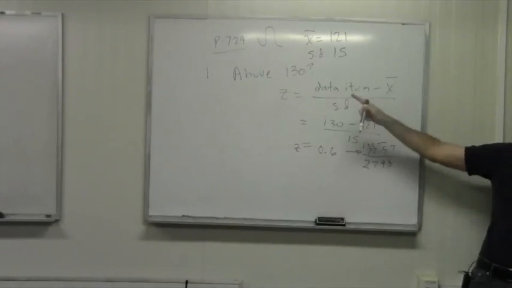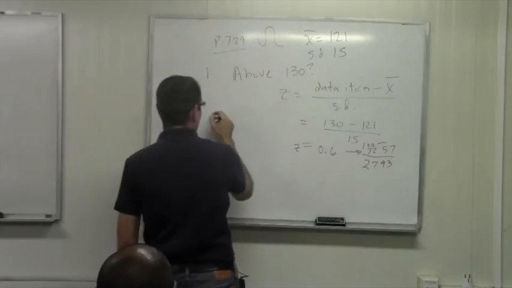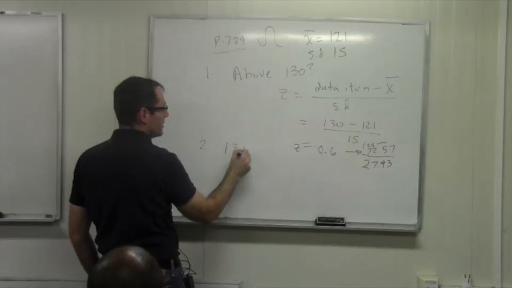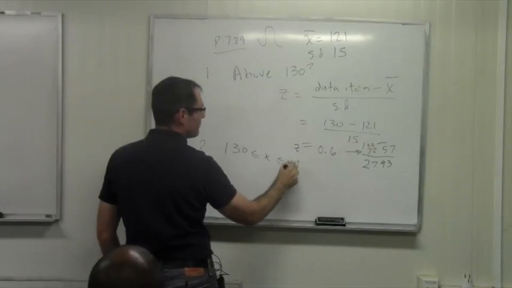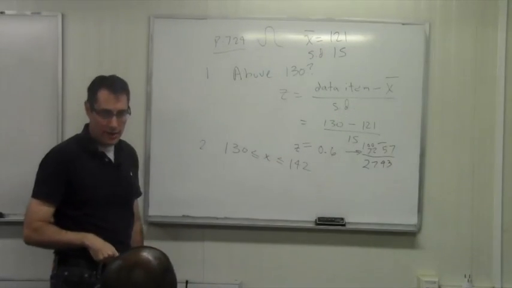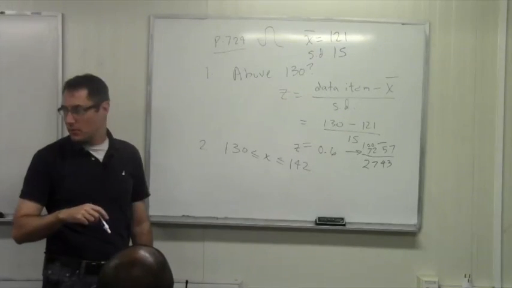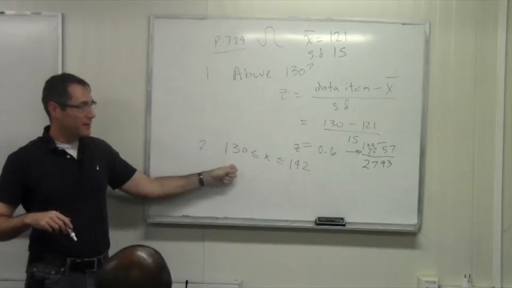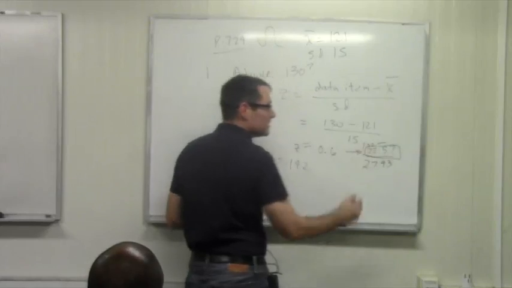So let's say it was between 130 and 142, so 130 is less than or equal to x, which is less than or equal to 142. How do you do this one? You start with below 130, which we've already done. Below 130 was 72.57, right?